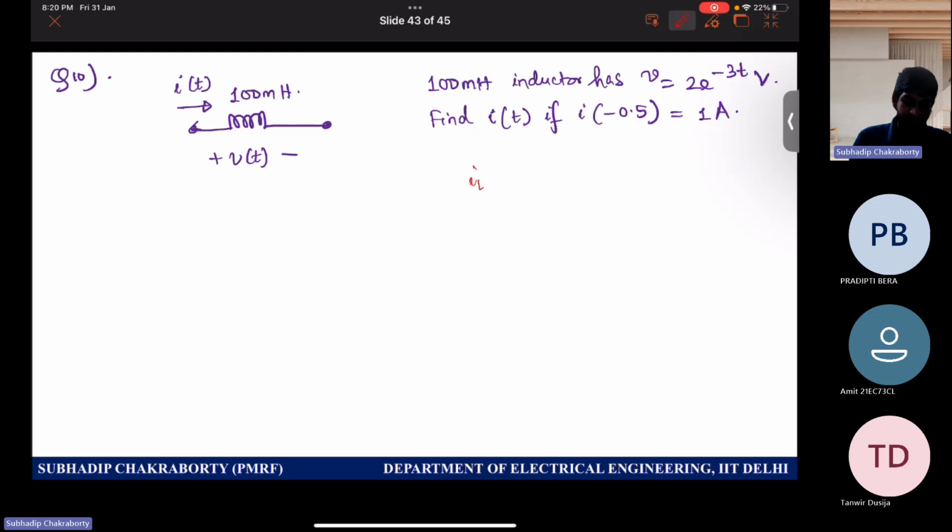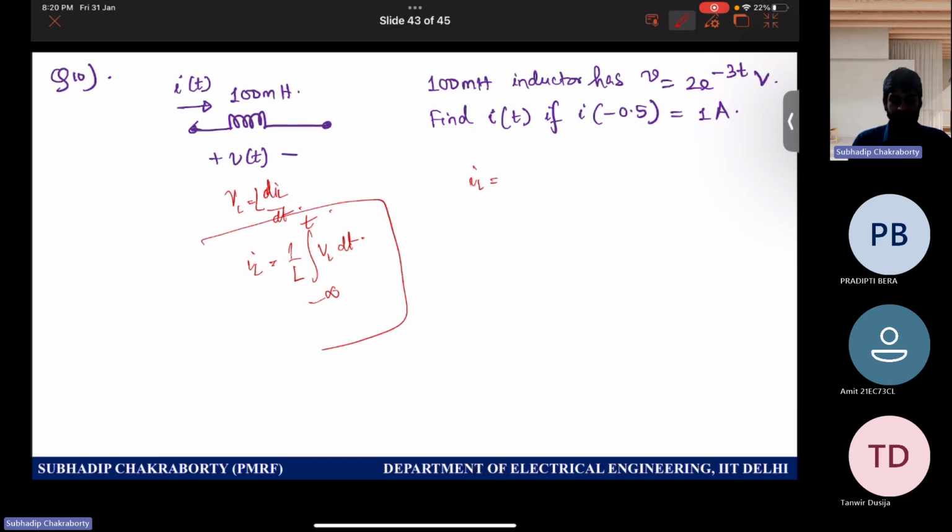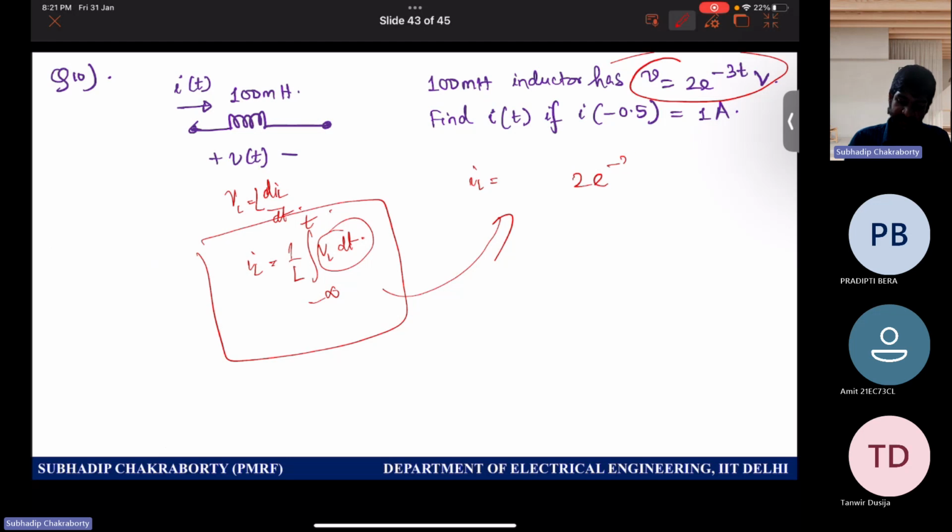So the current through the inductor, you know, because VL equals L dIL/dt, so the current through the inductor is 1 by L integral of VL dt from minus infinity to t. I already told you. So if you plug in here, because the voltage you are applying is 2 e to the power minus 3t dt, into 1 by L, which is 100 milli, integration from minus infinity to t.